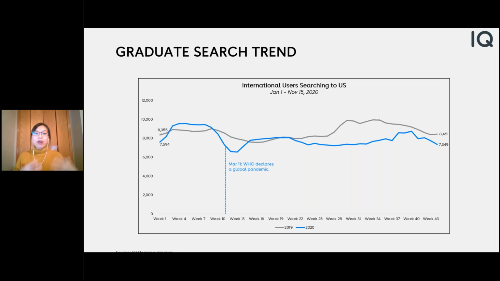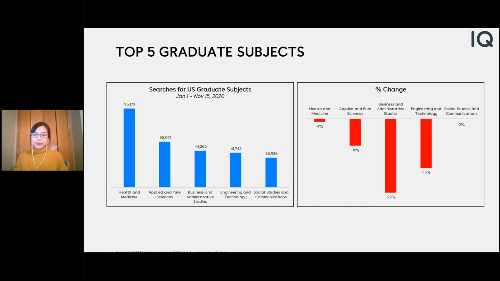So that's more flexible for undergraduate students. Compared to postgraduate students, they only have 2 years, maybe slightly more or less than that. So of course they will be less flexible. With the overall volume, the postgraduate courses dropped by 9% from the previous year.